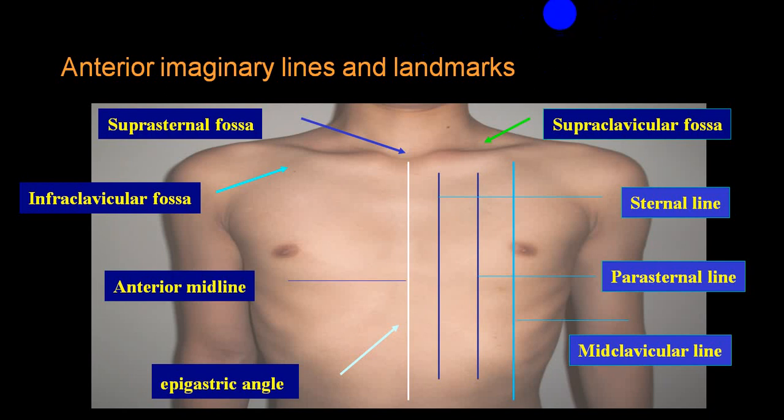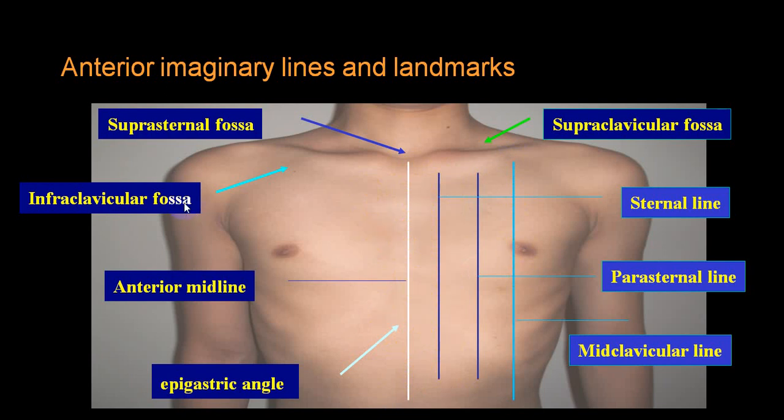Any portion above the suprasternal notch is called the suprasternal fossa, and above the clavicle we call the supraclavicular fossa. This is the mid-sternal line, this is the border of the sternum, you will have a right border and left border, and this will be the mid-clavicular line.